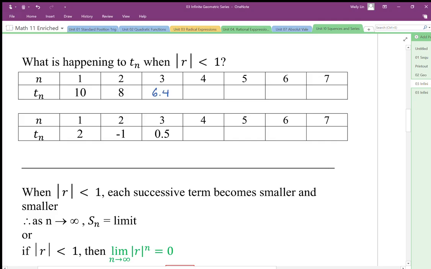So in this case, we're looking at cases where the absolute value of r is going to be less than 1. So in this case, let me just write this down. This is where r equals 0.8.